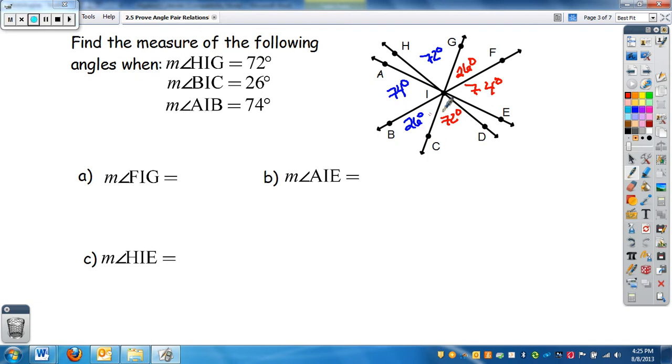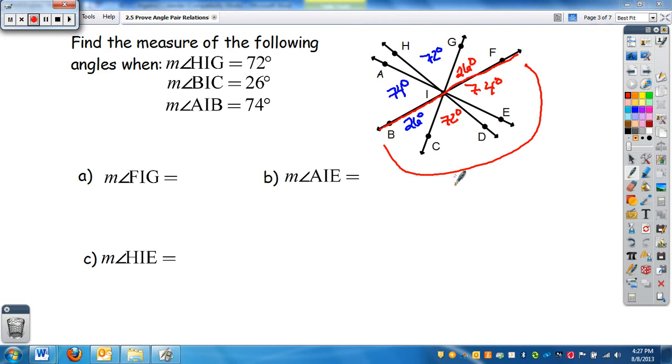But again, it's important to recognize other types of angles. We don't have any right angles to work with, but I do have a straight line right here, and I have tons of straight lines to help me figure out this angle. So all these angles have to add up to 180.